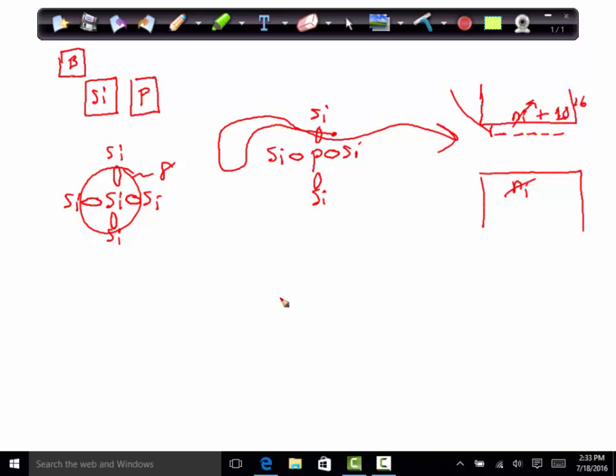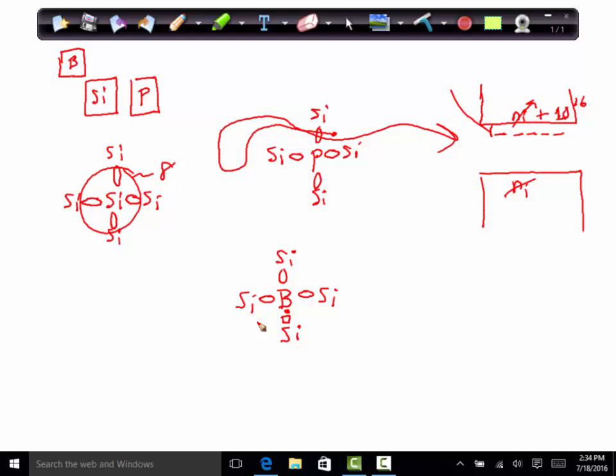Let's look at the example of boron quickly. So, doing the same exercise, you imagine an infinite crystal, and you're replacing 1 out of every million or so silicon atoms by a boron. And because boron has 1 fewer electron than silicon does, it can't form one of these bonds.